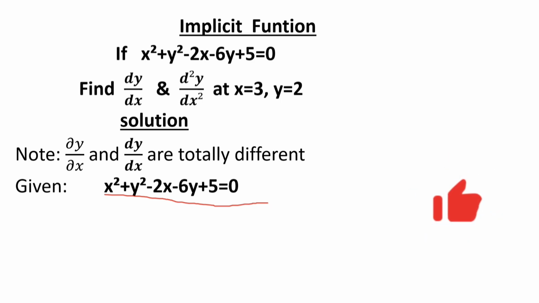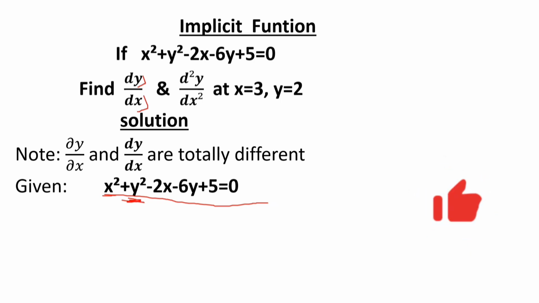In implicit differentiation, let me tell you the key thing. If you look at this function, you will see x, you will see y, right? We are differentiating with respect to x. How come y still occurs in this equation?